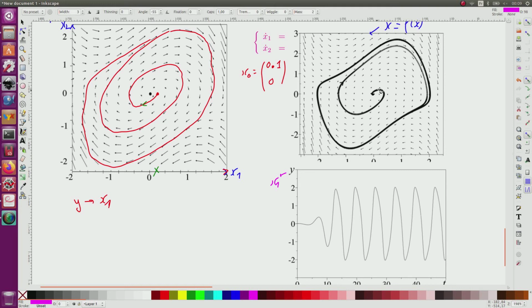Then I move right, so I increase here. I will move left here, and then I will move right up to here, and left up to here, and so on. This is why I will obtain some oscillation like this, and this is why the van der Pol equation is called an oscillator.